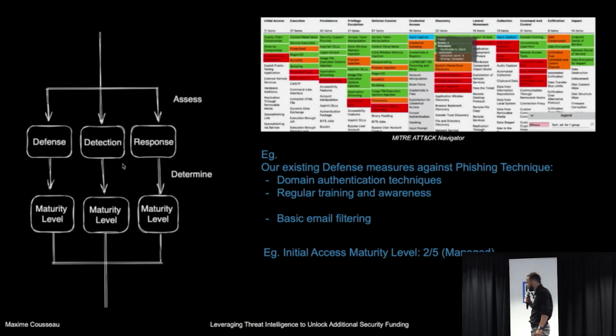You can also assess the detection, like how quickly are you able to detect any phishing campaign, and assess your response capability as well, like how fast can you respond, and contact stakeholders or people inside the company who would be responsible for responding to the incident. So these three main areas, defense, detection, and response, you need to know where you are at, literally, against particular APT groups.